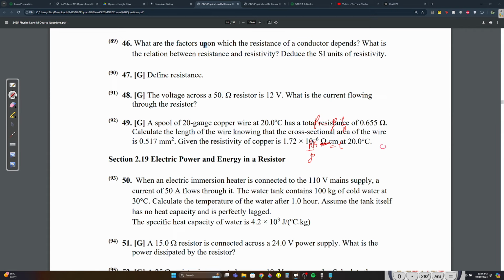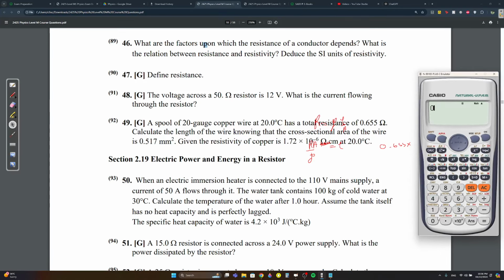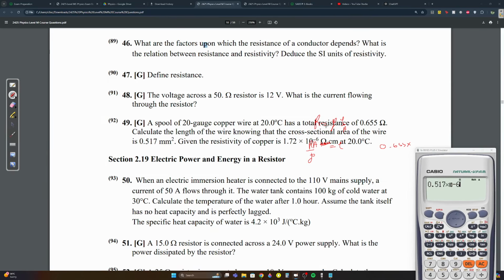Our resistance is 0.655. The area is this, so we multiply by 0.517 times 10 to the minus 6. We keep it like that because, as we said, from millimeter squared to meter squared you have to do times 10 to the minus 6.